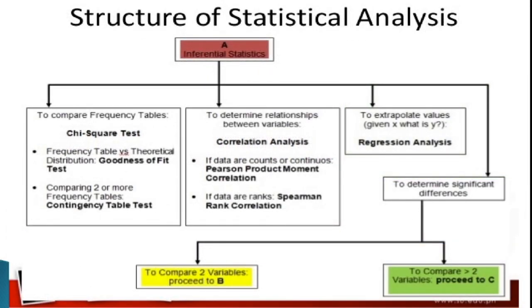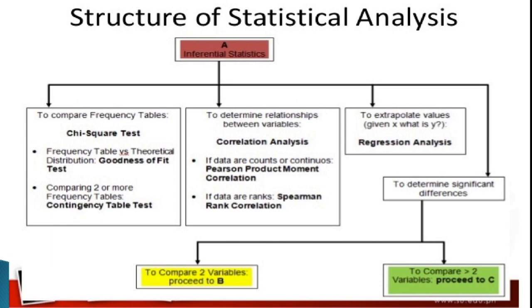Then there comes inferential statistics. For inferential statistics, we can apply the chi-square test to test the goodness of fit of the data. Two or more frequency tables can be combined in the form of a contingency table test, and then we can apply chi-square there. To determine the relationship between variables, we can apply correlation analysis.